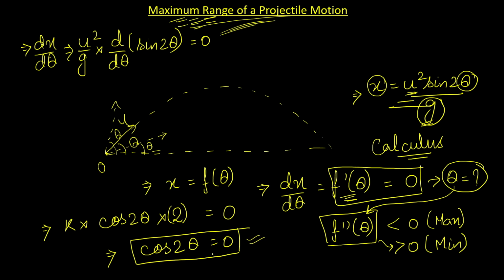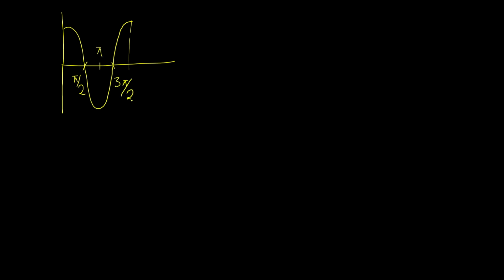Now let us get the values of theta for which cos 2 theta is equal to 0. If you look at the graph of cos theta, it will be something like this, that we know. Here this is pi by 2, this is pi, this is 3 pi upon 2, and this is 2 pi. This is for the cycle 0 to 2 pi of cos theta.